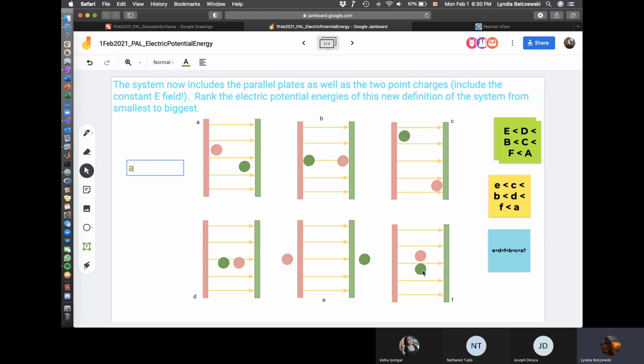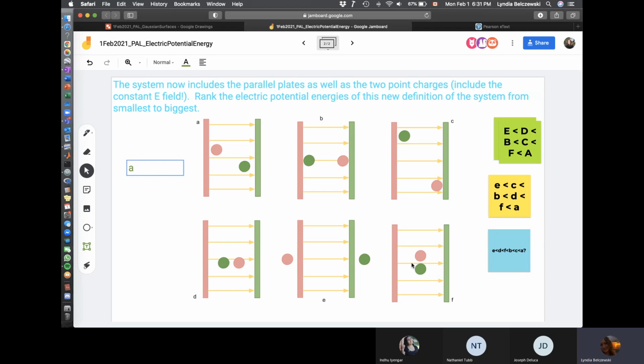So for F, this green charge would just go around the pink one a little bit and line itself up closer to the positively charged plate, to that pink plate, and the pink positive charge would come over to the right and down a bit, and they'd end up lining themselves up just like they're lined up in D, actually. So these two charges actually wouldn't have to move very much.